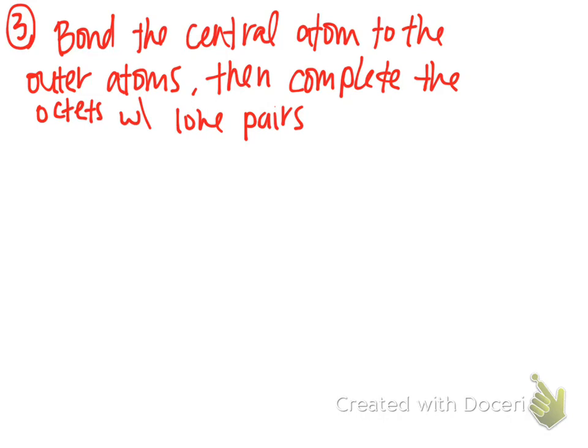Let's try one. Okay, we're going to do some examples here. First one we're going to start with is NH3. Okay, first thing that we do is count our valence electrons.